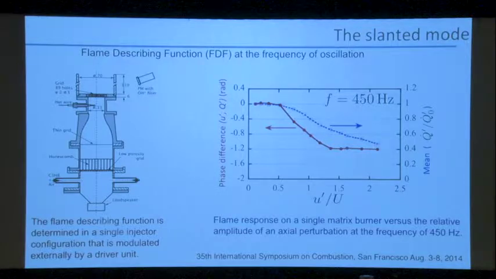And what you see here is that this is between u prime and q prime, and this is between u prime and q prime. So there is a change in the phase, and also it has an effect on the gain. So as the velocity is increasing, the phase is changing and the gain is changing.